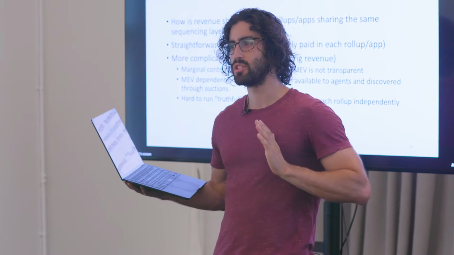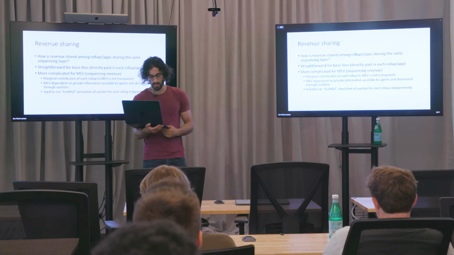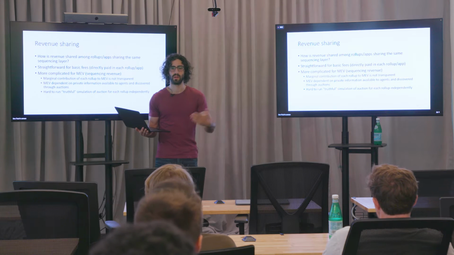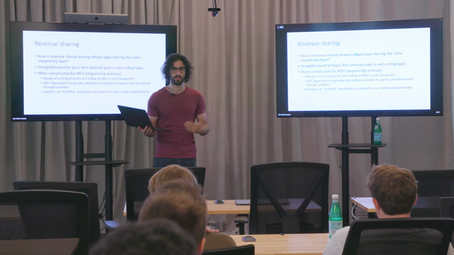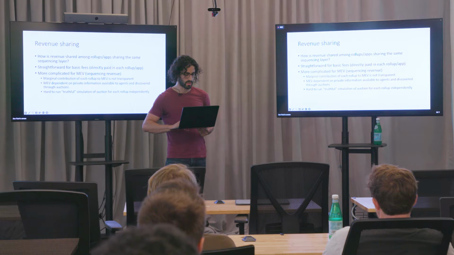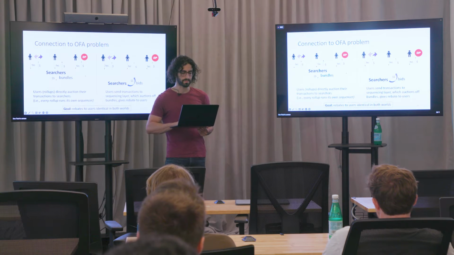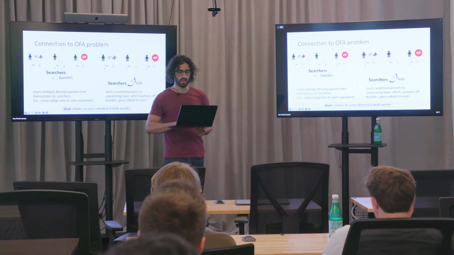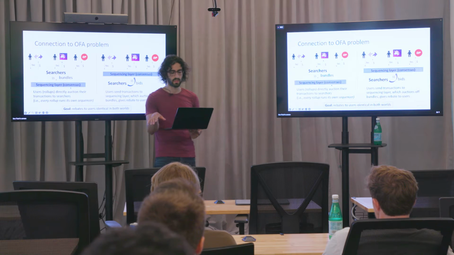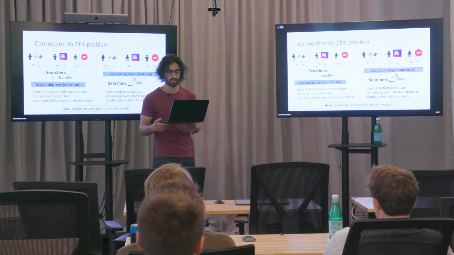If they're now going to be sharing a common chain for sequencing, they want to be convinced that they're going to be making at least the same profit as if they were running their own chain, right? So the question is comparing these 2 different worlds where each rollup is running its own auction. I had this comparison here with the searchers versus giving their order flow to a sequencing layer and then having the sequencing layer run the auction for them with the searchers and then give them rebates.